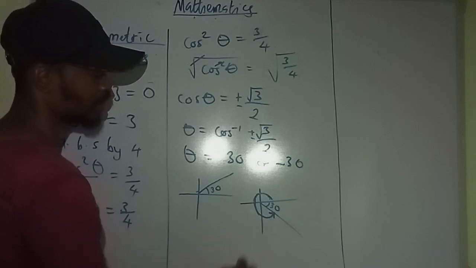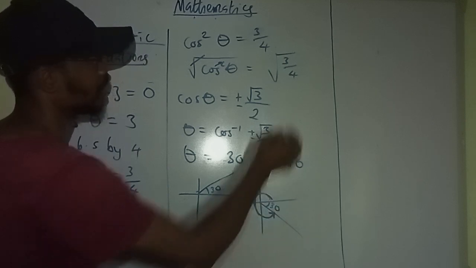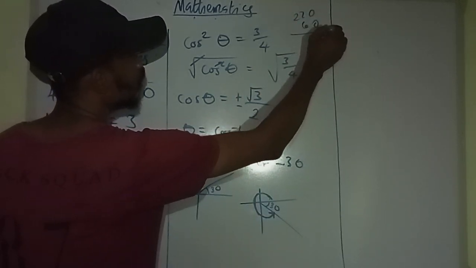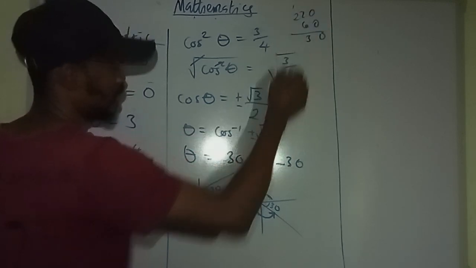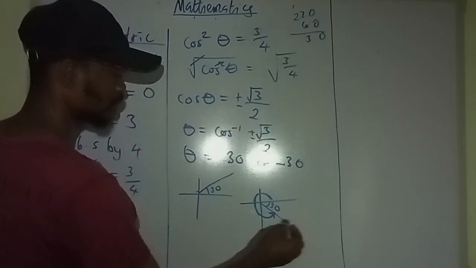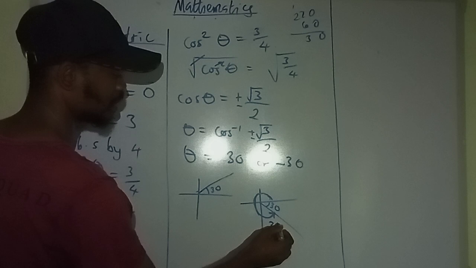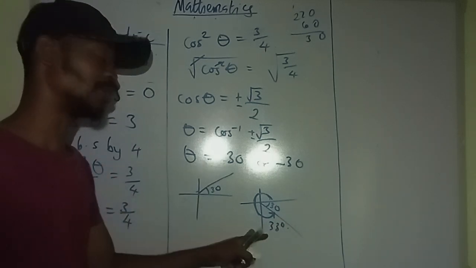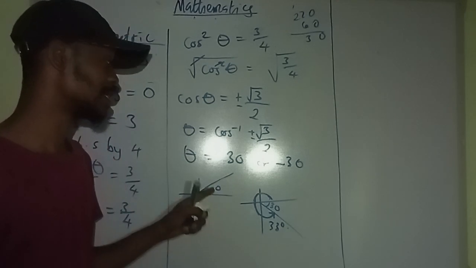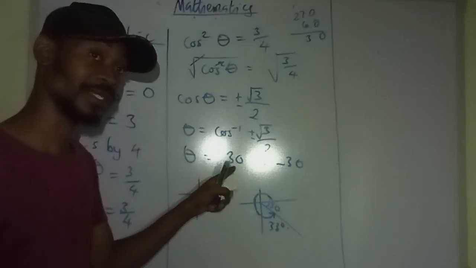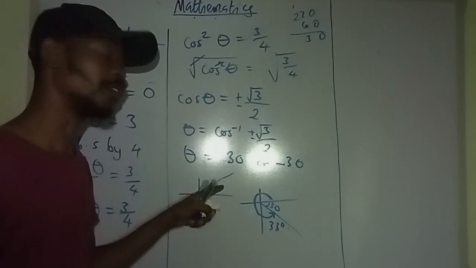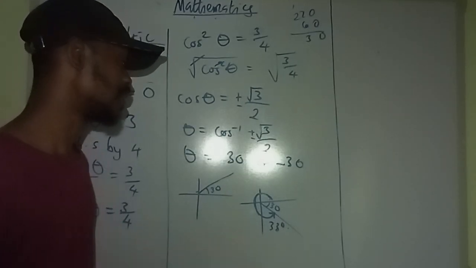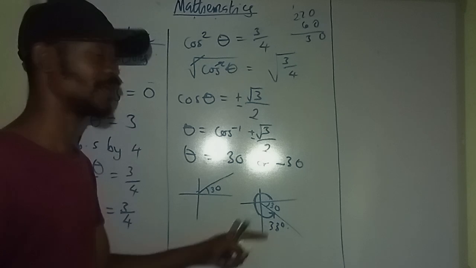This is already 30, this is going to be 60, so that's 270 plus 60, which I believe should be 330. So the whole angle here is 330 degrees. So when theta is 30, it can as well be 330, because cos is positive in the first quadrant and in the fourth quadrant. So the values of theta will be 30 and 330.